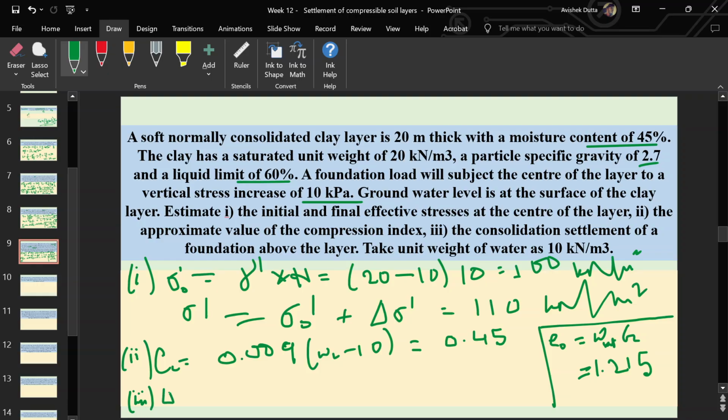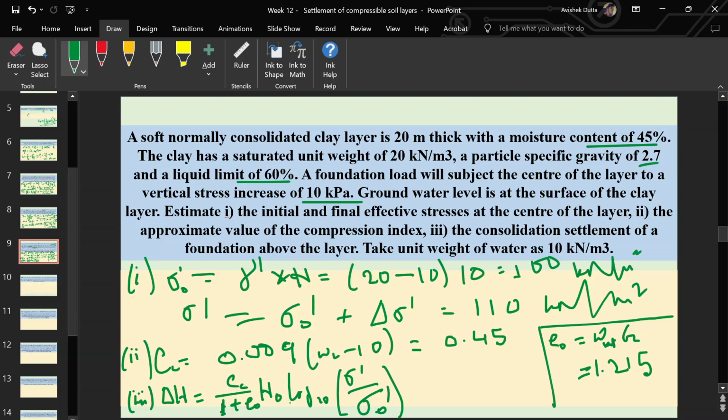Now find out the value of settlement, delta H or rho, whatever. Cc divided by 1 plus e0, into H0, initial thickness, log to the base 10, sigma final by sigma initial. So final sigma is 110, initial is 100.